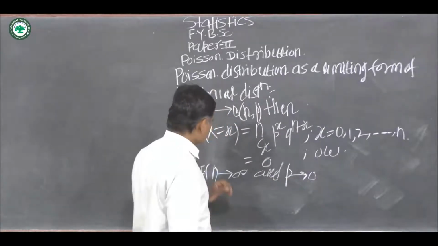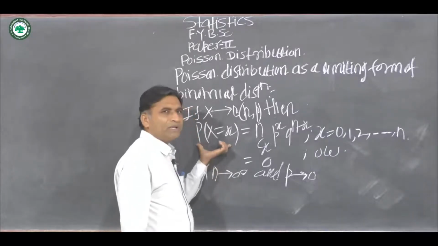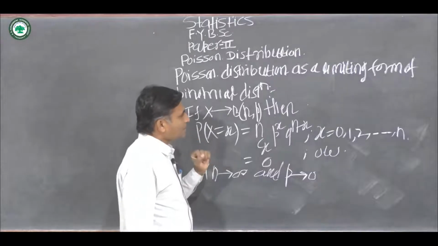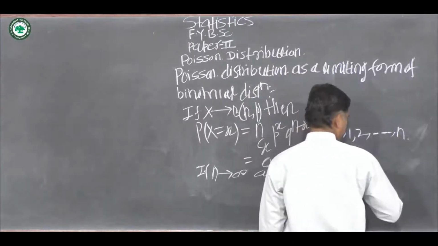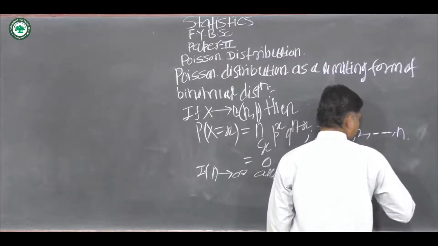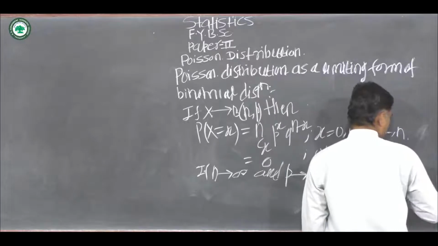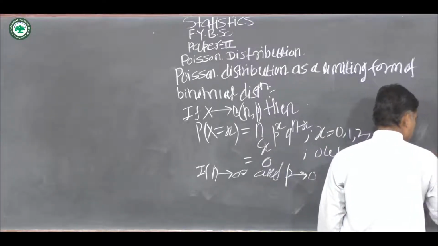In that case, computing the probabilities using binomial distribution is very difficult. For example, suppose n is equal to 50 and p is equal to 0.01.